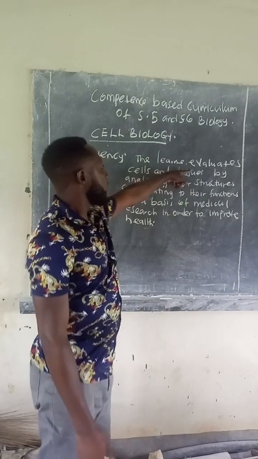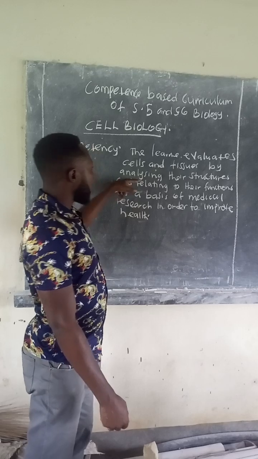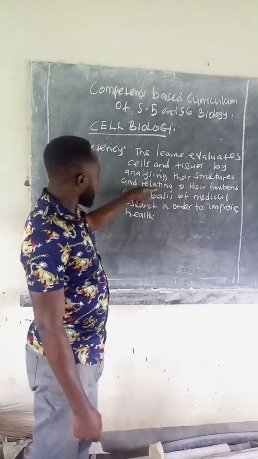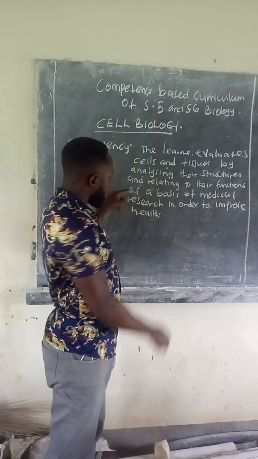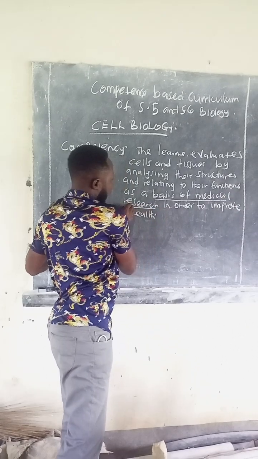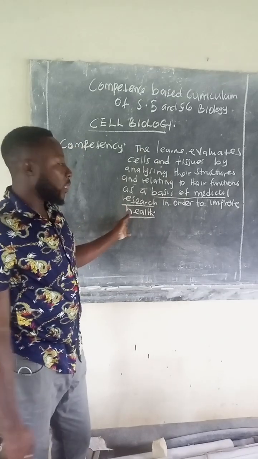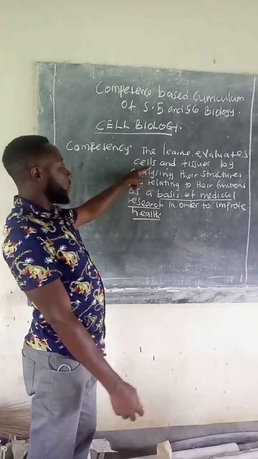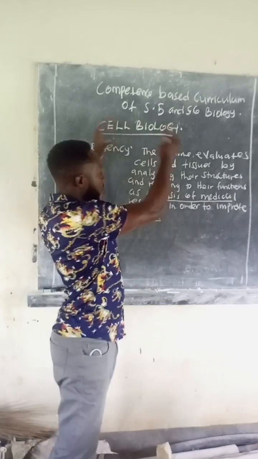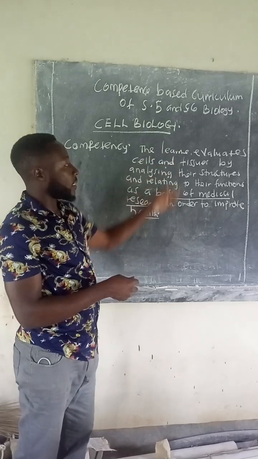The learner evaluates cells and tissues by analyzing their structures and relating to their functions as a basis of medical research in order to improve health. What do we mean here? The learner must study the cells, must study the tissues. And after studying this topic, we expect that the learner must be able to do this.